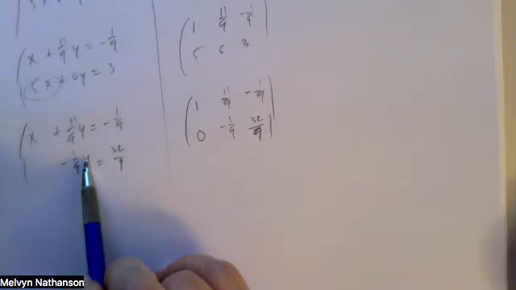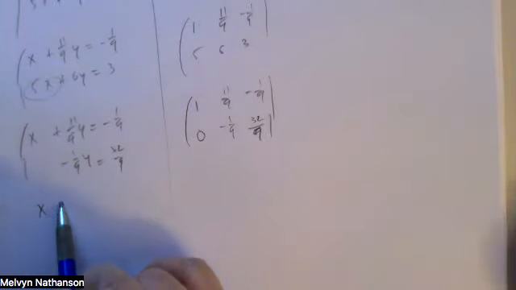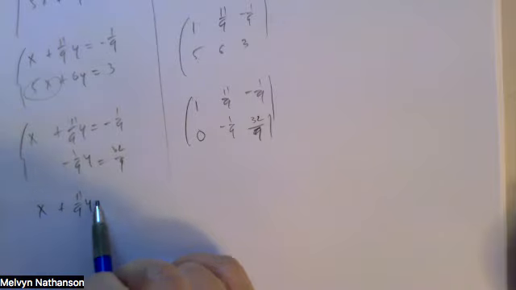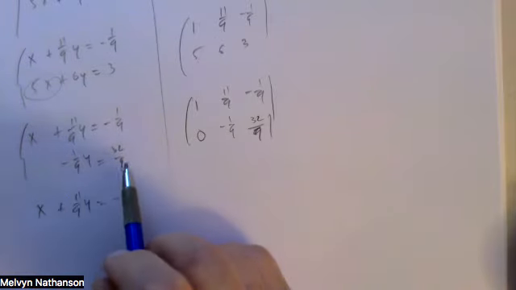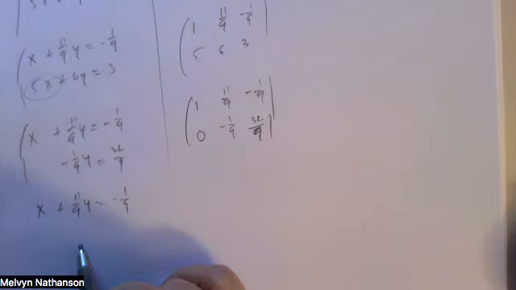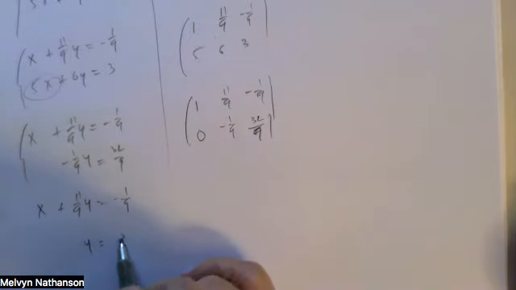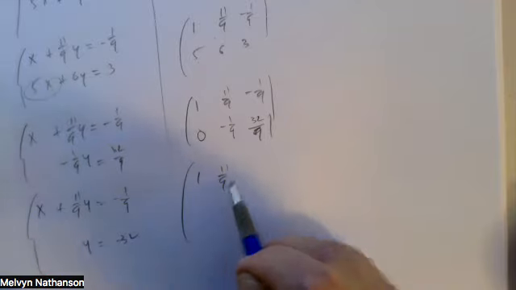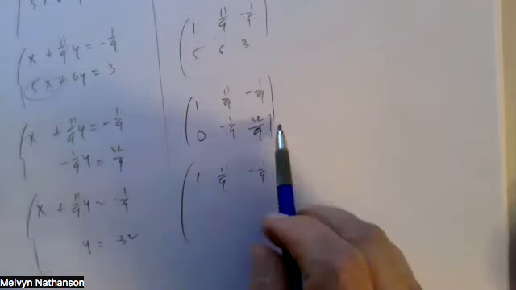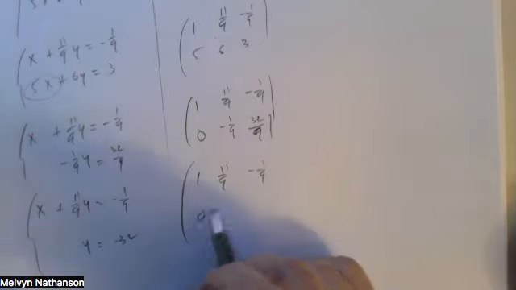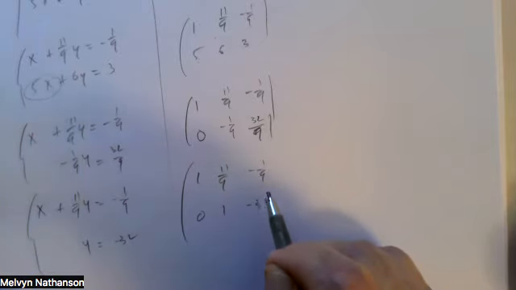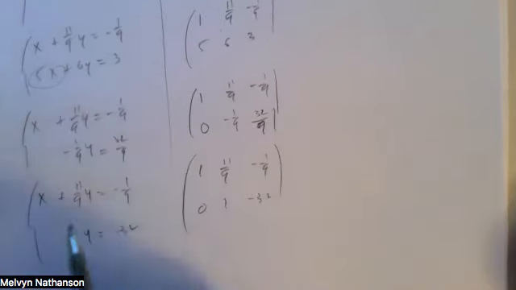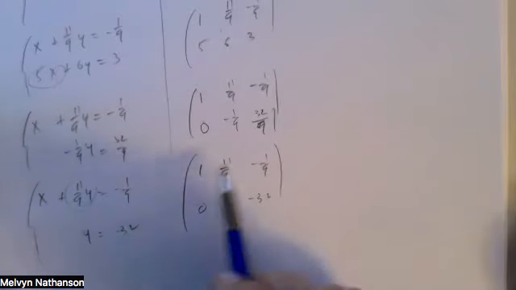The next thing we would do is get a coefficient of 1. Multiply this by -9, you get y equals -32. Here you multiply the second row by -9, you get 0, 1, -32.